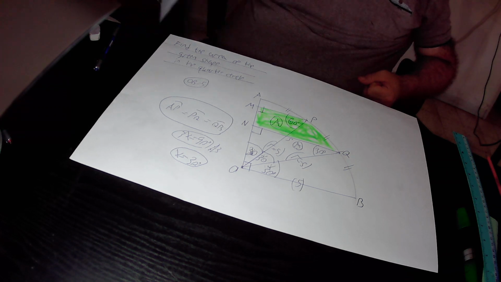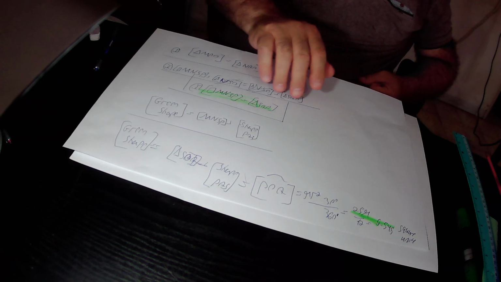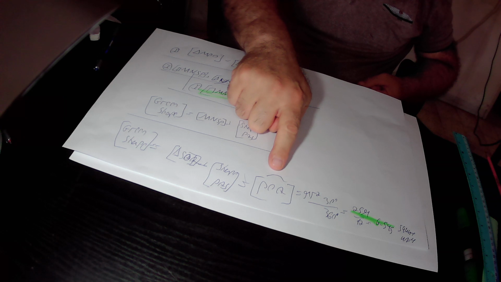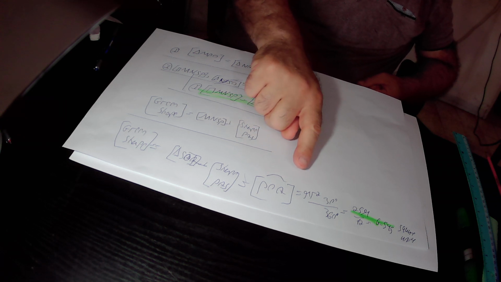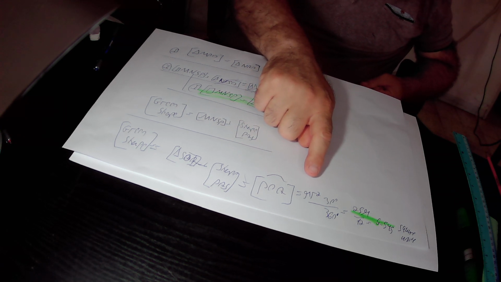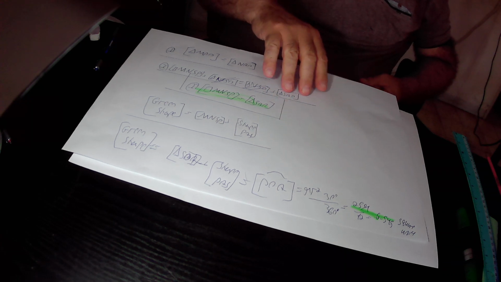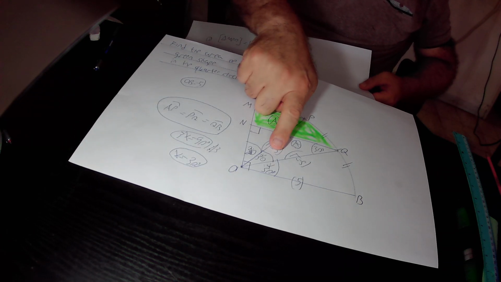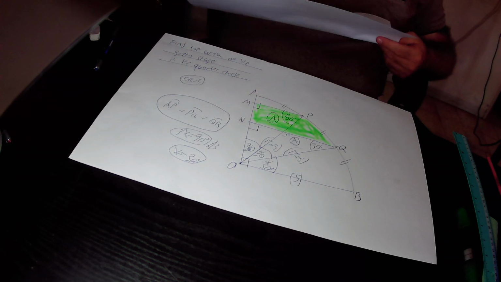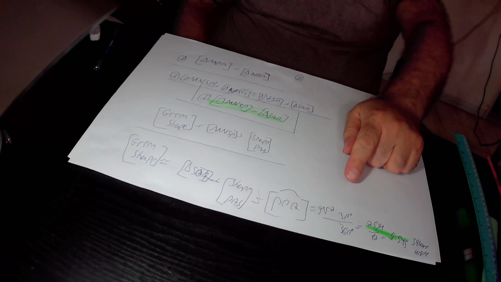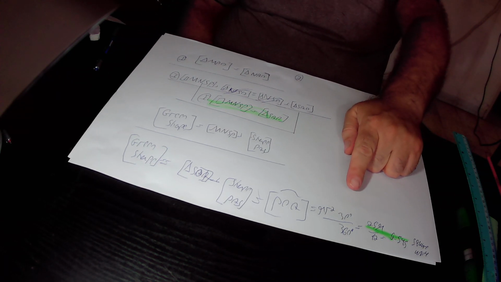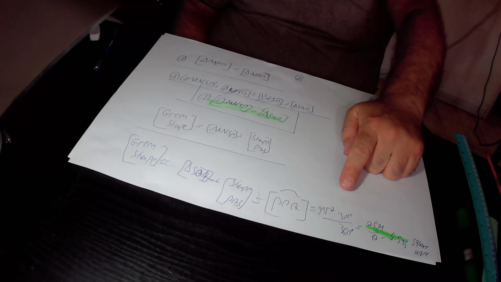The area of the green shape in total equals the area of sector POQ, so it is pi r squared times 30 degrees over 360 degrees.